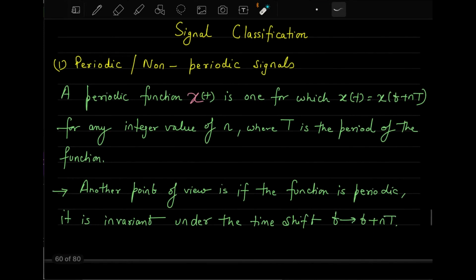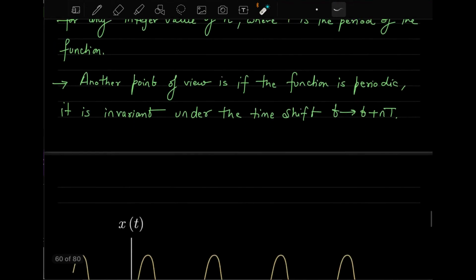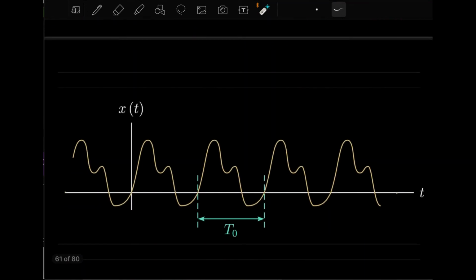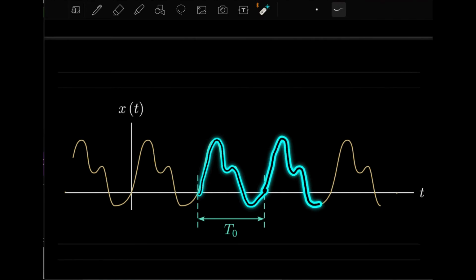What we are trying to say here is that if you observe this signal of period T0, and you increment in time by nT0, so here if we take 2T0, this signal will move in time by one time step, so it will become like this.